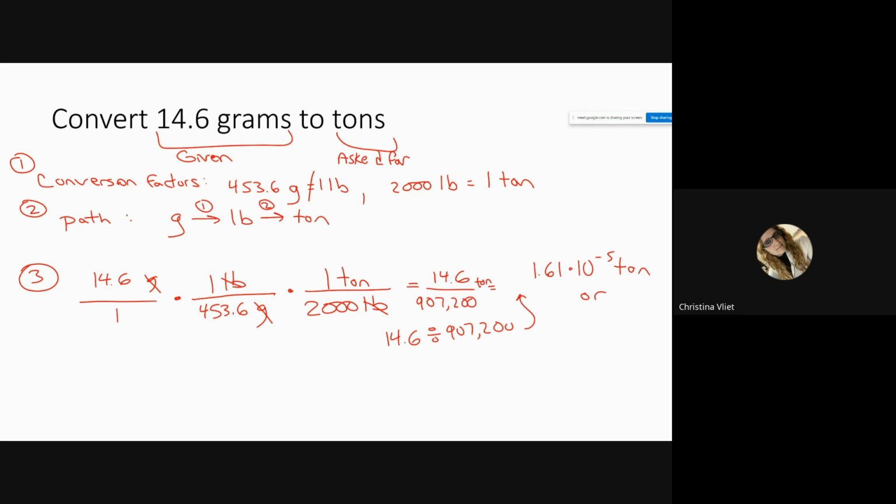Standard form would be 0.0000161. I accept both. If you give me the version in scientific notation or the version in standard form, I accept both up to a point. And we'll talk about that point next class, because we'll be looking at 23 zeros next class, which we're not going to write.